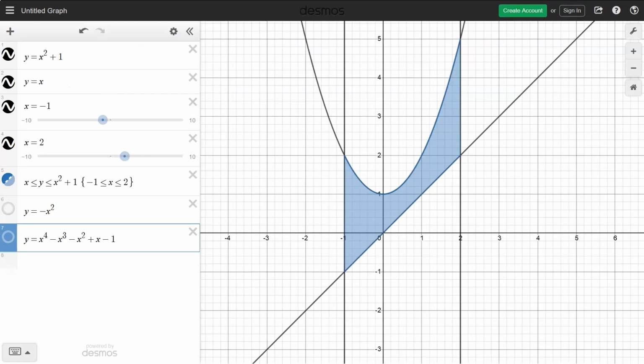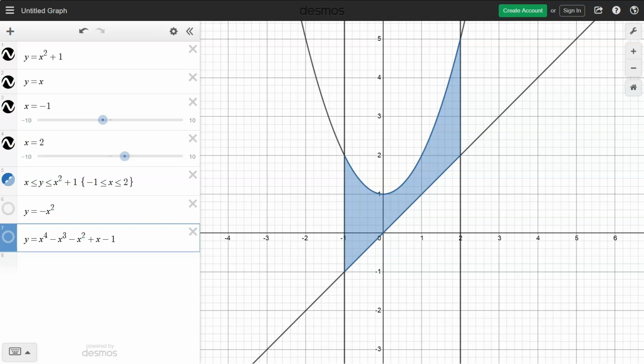Okay, so here we have the graph of x squared plus 1. Of course, that's just an ordinary parabola shifted up 1 unit, so it's this graph right here. And then y equals x is just a line with slope 1 through the origin. And it's also bounded by these two vertical lines, negative 1 and 2.